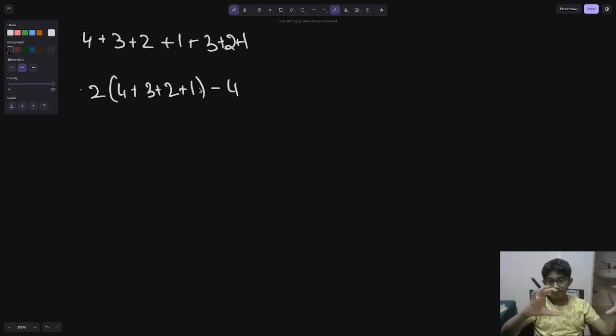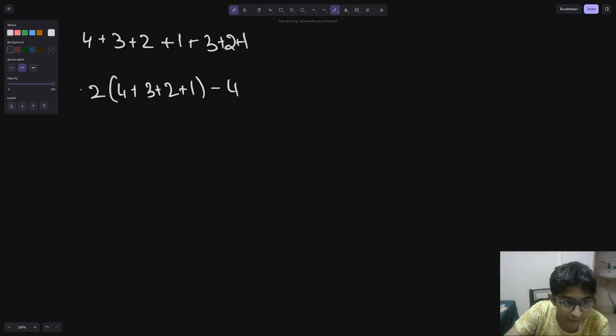If you didn't understand, I'm going to explain again. You have that sum here and again that sum here. Now if you add these sums together, you will get 4 extra, because there's a second 4 extra in the second part of it, right? So to remove that 4, we need to subtract 4.